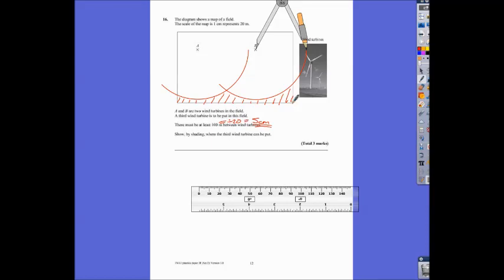Now yours might look slightly different to that because of the scaling of the computer, but it's the same method. So you put your compass at 5 centimetres, you put it at A and draw your circle, put it at B and draw your circle, then anywhere outside of this is where you can put the wind turbine.